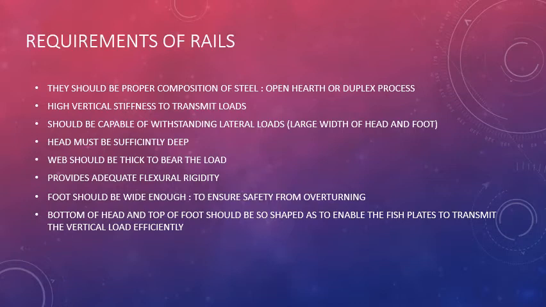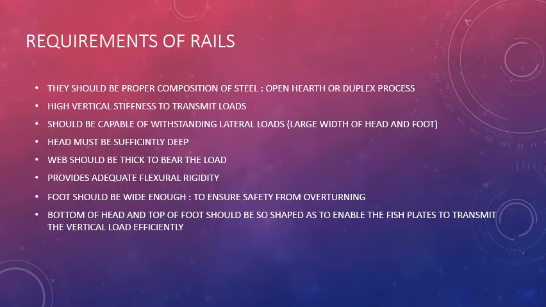It should have high vertical stiffness to transmit loads, and it should be capable of withstanding lateral loads. So these can be achieved by providing large width of head and foot. The head must be sufficiently deep in order to hold the wheels of the train, and it provides flexural rigidity, and foot should be wide enough to ensure the safety from overturning.